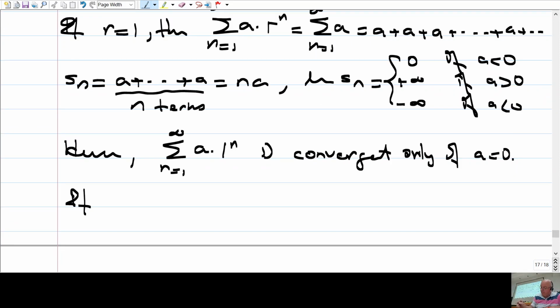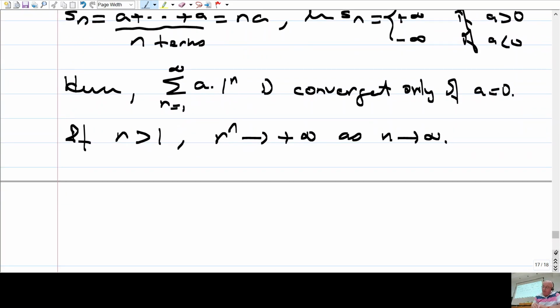If r is larger than 1, then r to the power n, of course, goes to infinity as n goes to infinity, right? Because you have a number larger than 1, you just keep multiplying with itself. It's the exponential sequence and it will go to infinity.